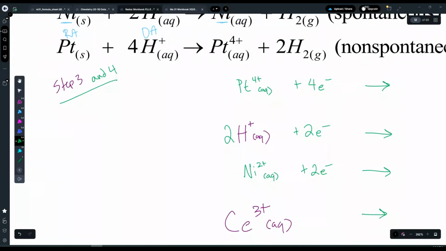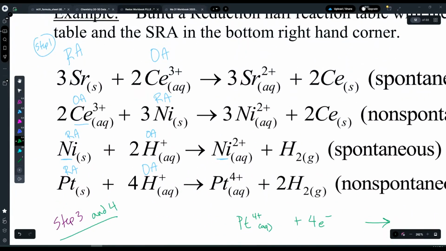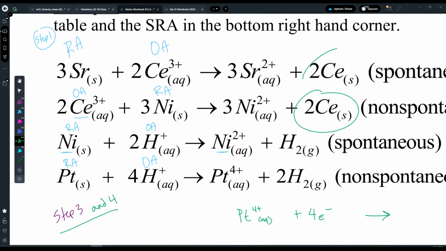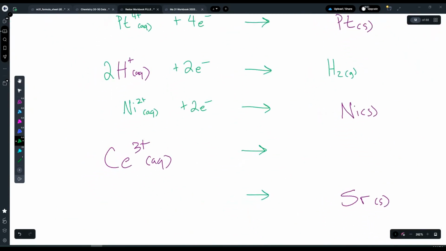Okay, cerium, let's see what we got to use. So cerium just becomes cerium solid. So over here we have 1 cerium. On the product side, we also have 1 cerium. Now I need to balance the charges.